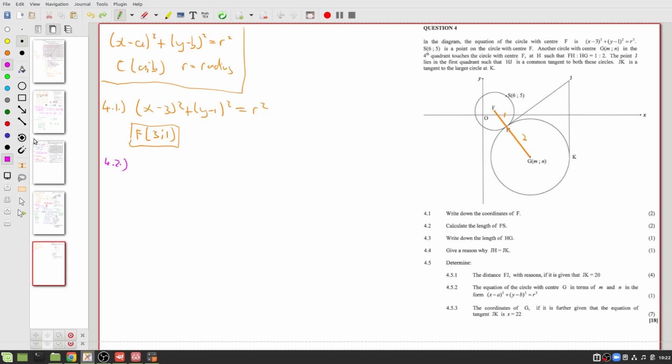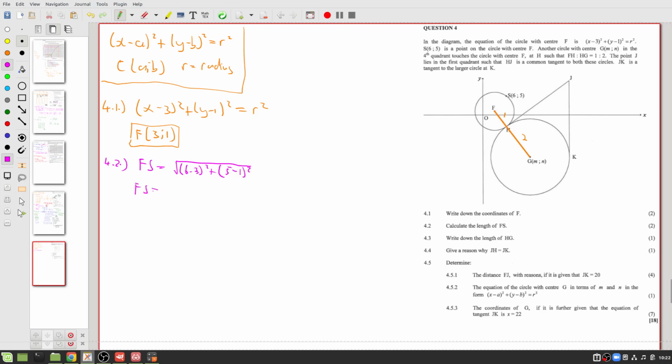Now let's just apply the formula. FS is the square root of the difference between the x values squared. This x value is 3, that one is 6, so the difference between them is 3. So I'll just write the whole thing: 6 minus 3 squared plus the difference between the y values squared. The y value there is 5 minus this y value, which is 1, squared.